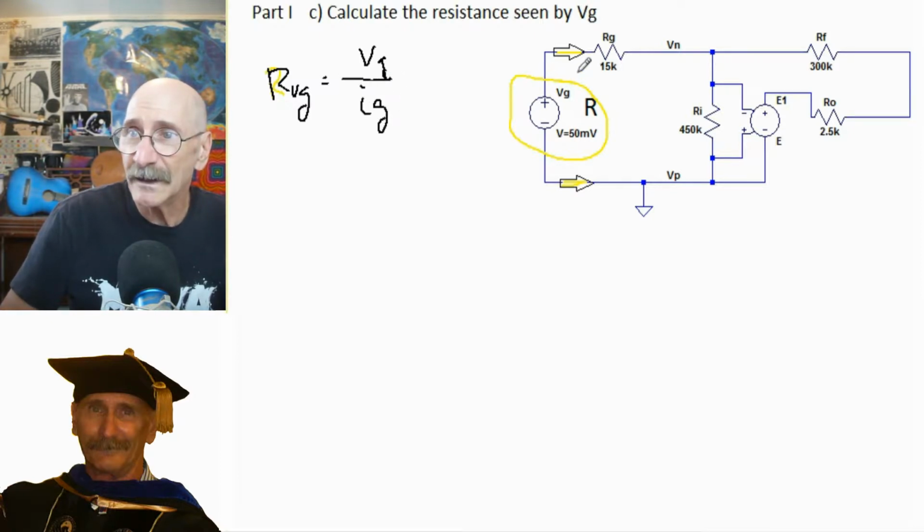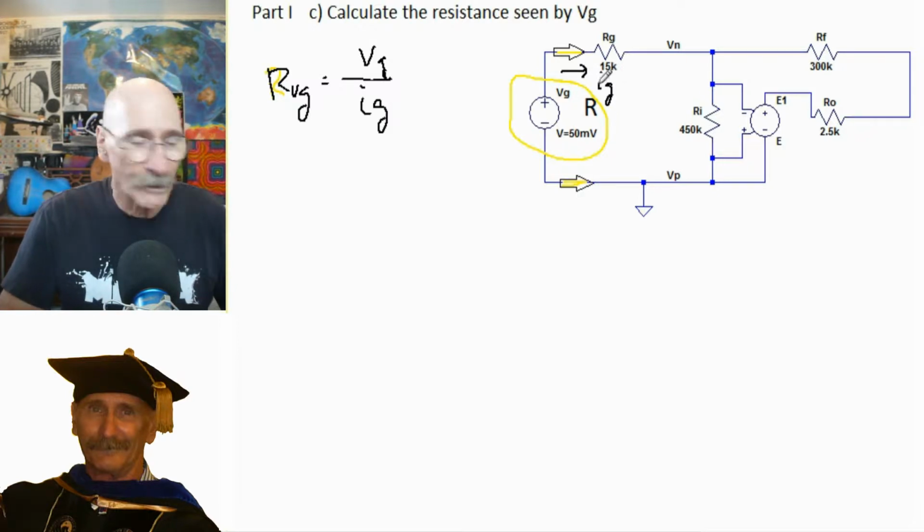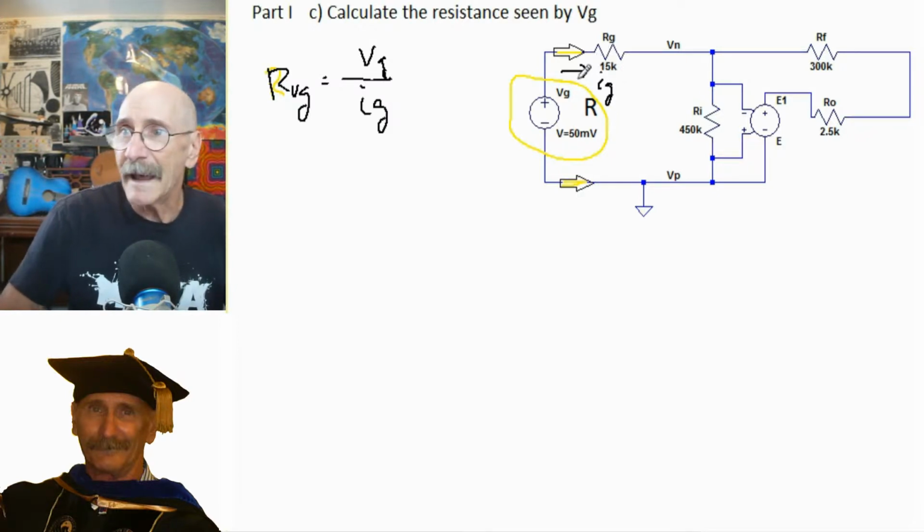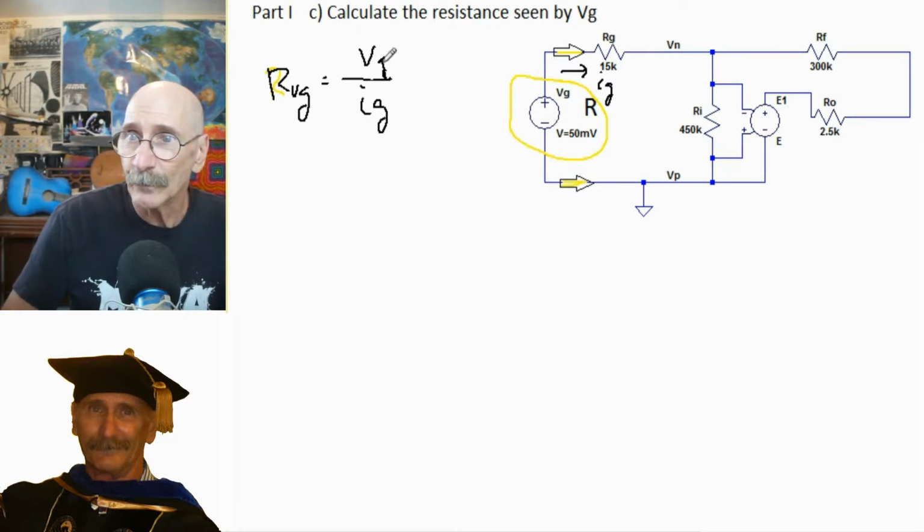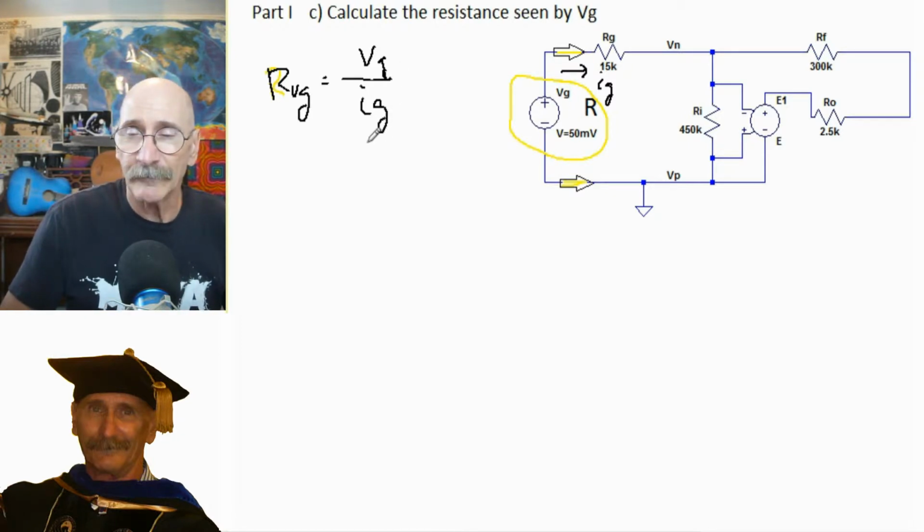Okay, well, IG is going to be the current coming out of here. So, how do we find that? Well, of course, that's going to be pretty simple. We know VG. It doesn't matter what VG is. We have it as 50 millivolts. But when we get IG in terms of VG, then we can get the VGs to cancel out.